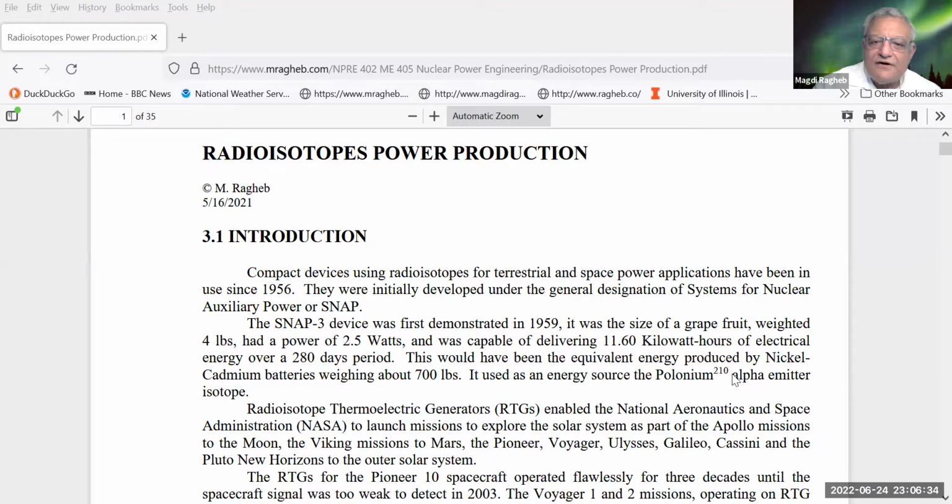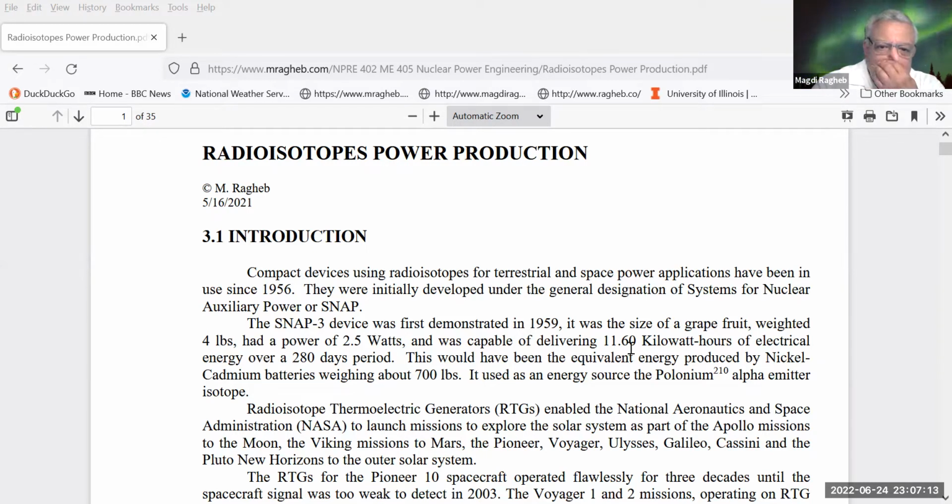It's a very powerful alpha emitter, so it produces alpha radiation, it produces heat, but we'll see later that heat generation can be turned into electricity by different processes like thermoelectricity. It has a small power, 2.5 watts, much more, of course, than the Chicago Pile #1 that produced only half a watt, and much less than what we'll see later in power reactors that produce 3 gigawatts or 3,000 megawatts or 3,000 million watts of electricity.